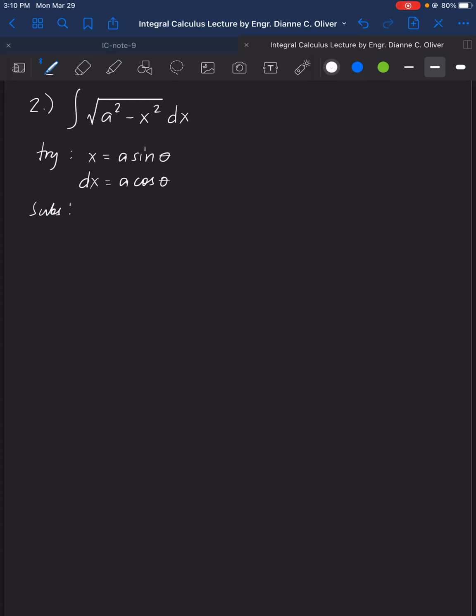First substitution, substitute the values. So we have there integral of square root of a squared minus the x, which is a sine theta, squared, then dx is a cosine theta d theta.